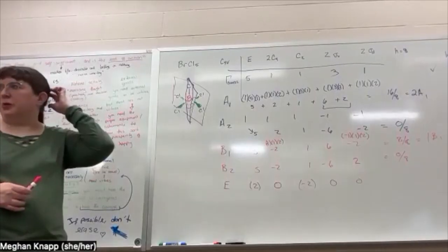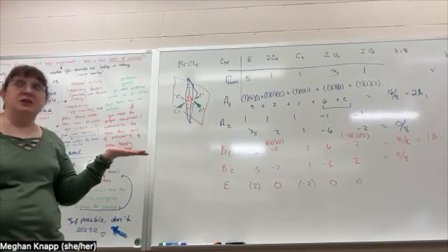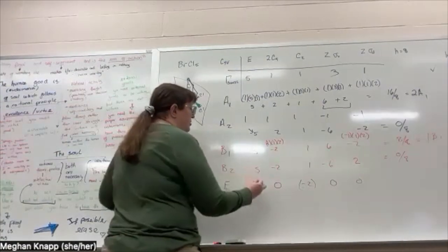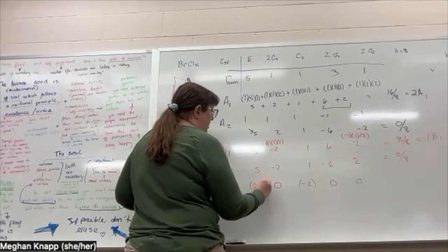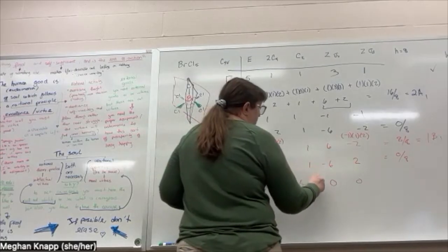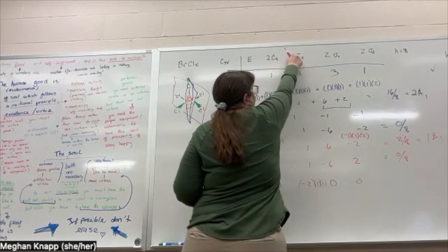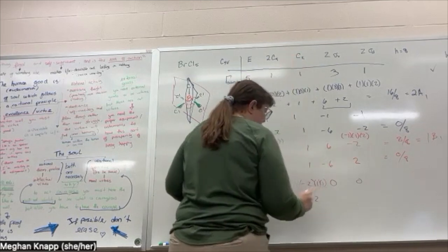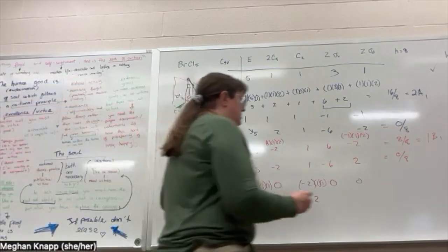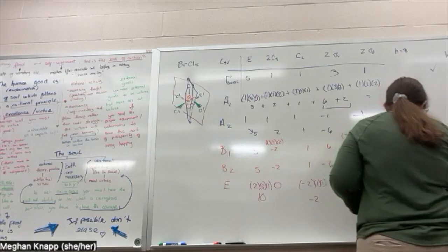We all know that 0 multiplied by anything is just going to be 0. So the E's are nice because they tend to have zeros in them, and we can just ignore those. So the only things I have to multiply are the first and the third. So 2 times 5 times 1 is 10. And negative 2 times 1 from here times 1 from here gives me negative 2. So how many E's are part of this? 1. So it's going to end up being 8 over 8 is 1 E.